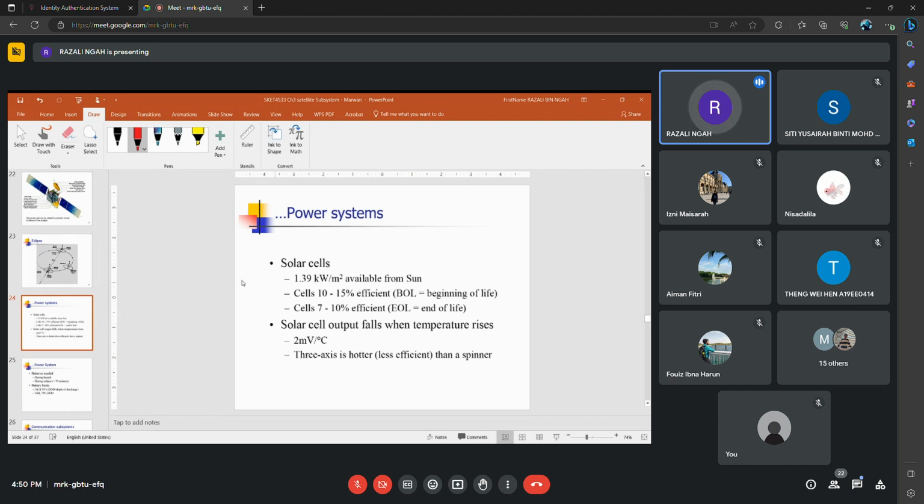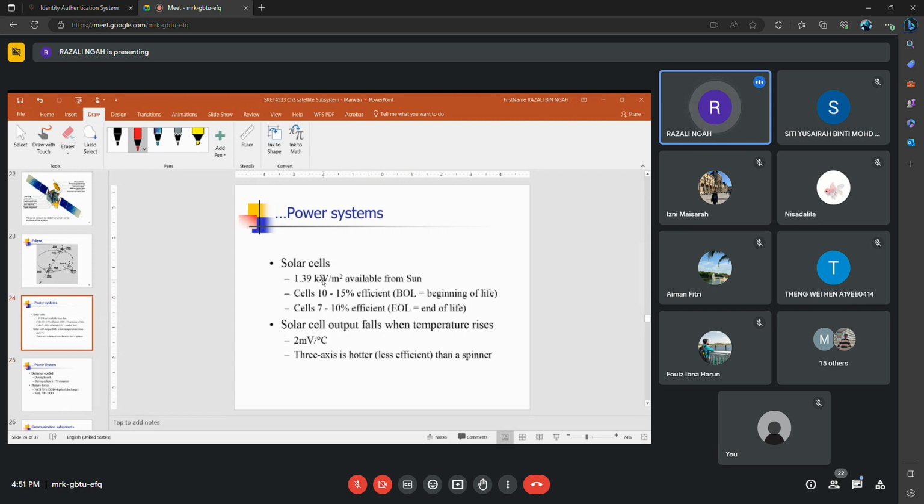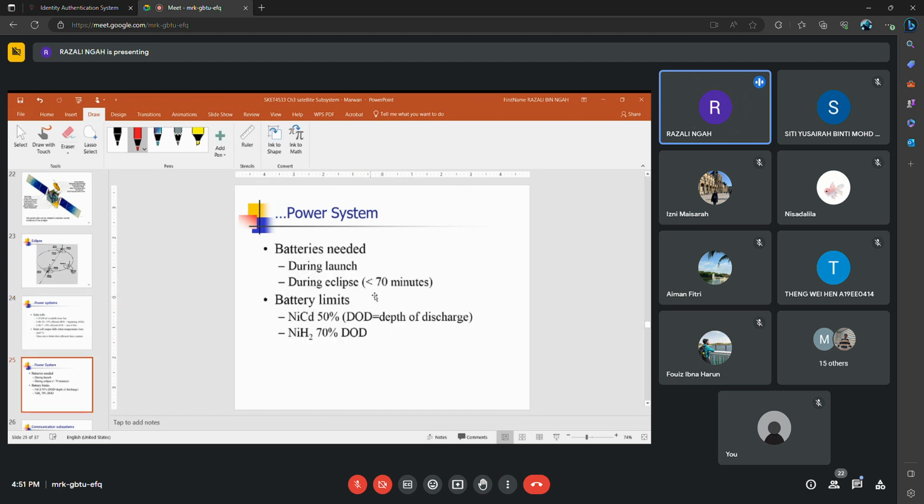This is information related to available energy from the sun. But as we know, the efficiency of a solar panel in converting sun energy to electricity is only up to about 15%. This relates to the battery.